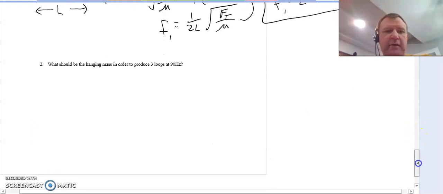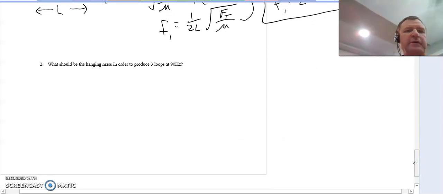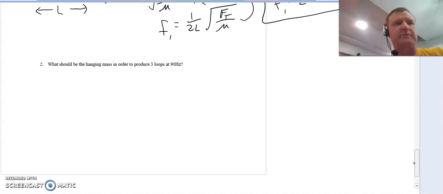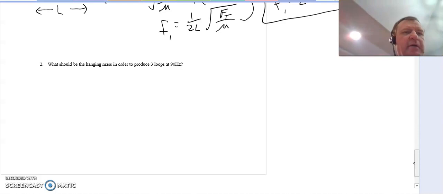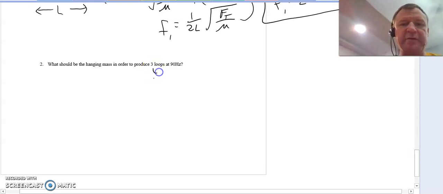All right, next: what should be the hanging mass in order to produce 3 loops at 90 hertz? A couple of options we have here. Because it's 3 loops, we should recognize this is the third harmonic.